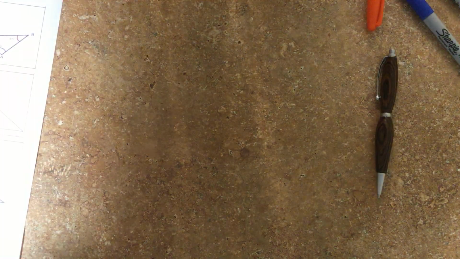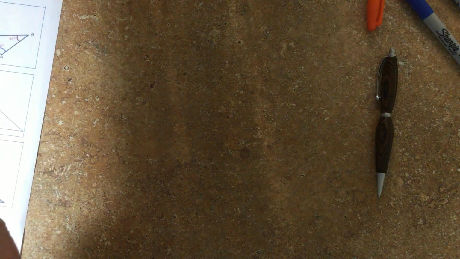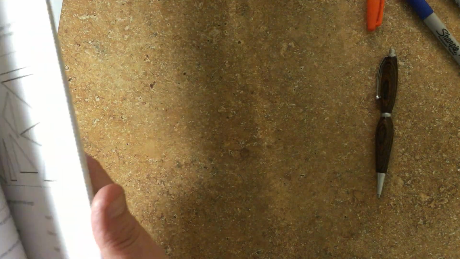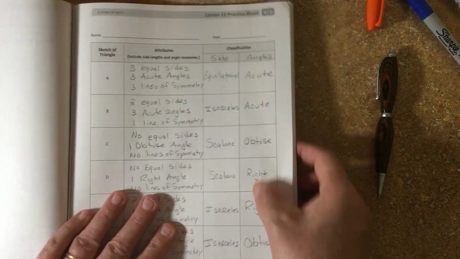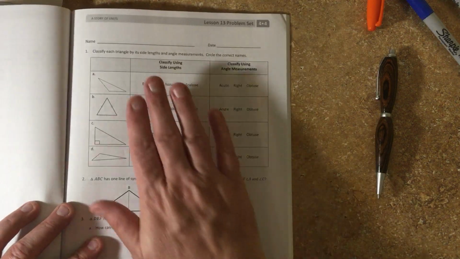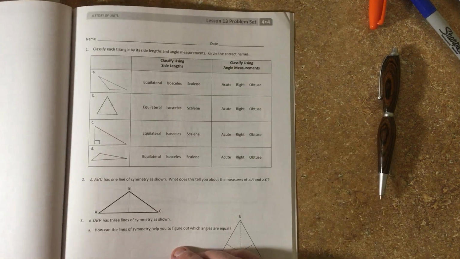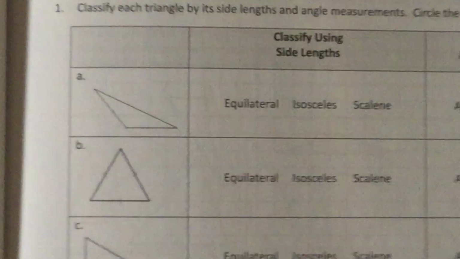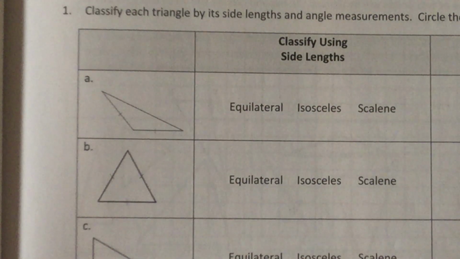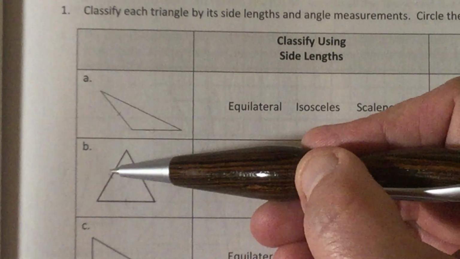The other thing I want to talk about is, now that we have page 101 complete, I would like for you to go ahead and work on the problem set. You notice here that they have also included the little tick marks or dashes.